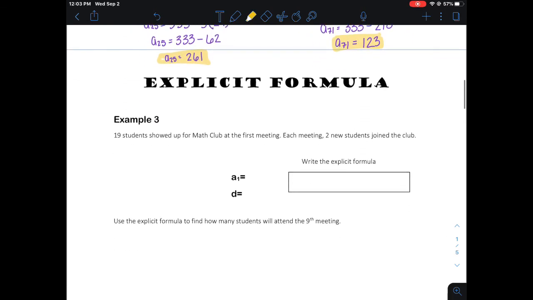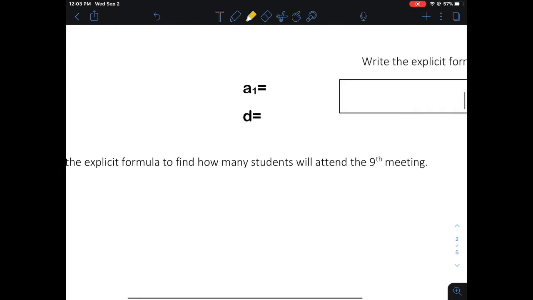Okay, example 3. Now this one is a word problem. 19 students showed up for math club at the first meeting. Each meeting, 2 new students joined the club. So on the first meeting, A sub 1, we had 19 students. The common difference: each meeting we're adding 2 new students, so our common difference is going to be 2.